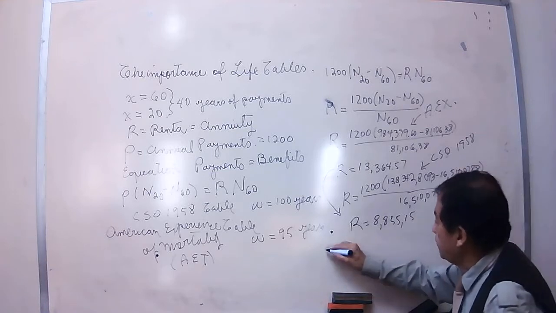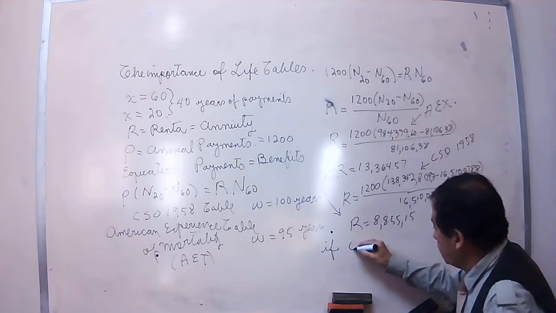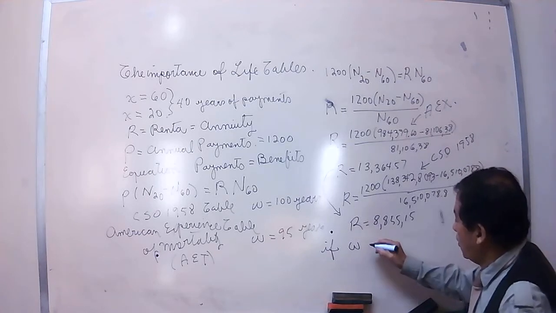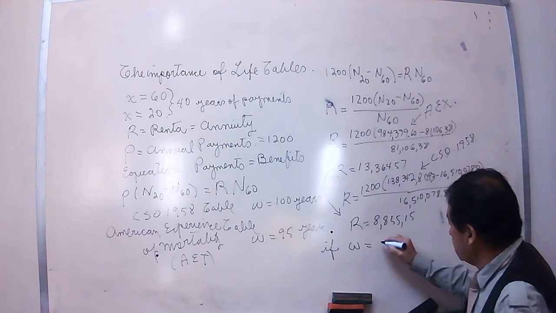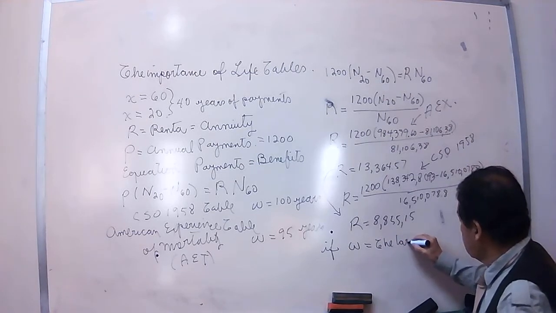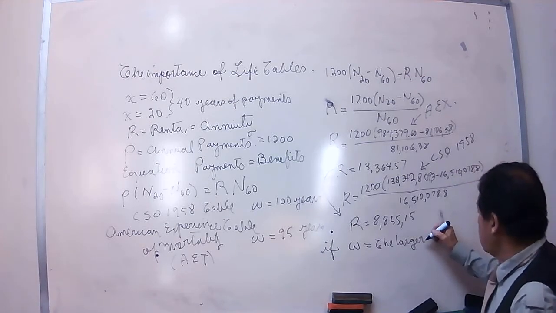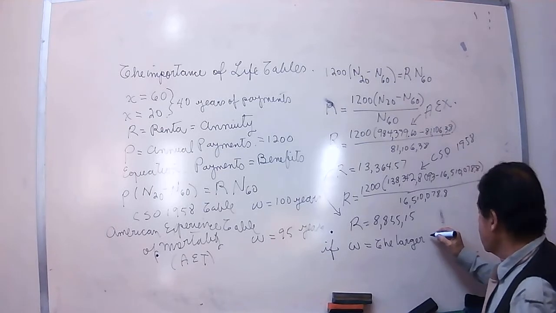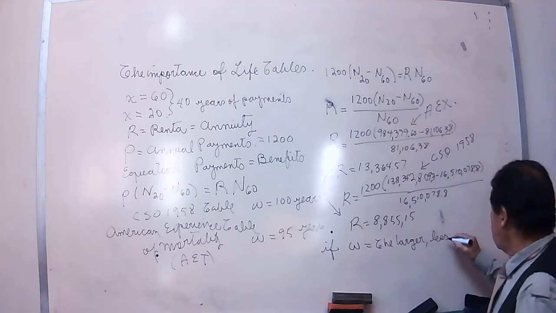In other words, we have a conclusion here: if the last age in the table, the omega age, is larger, the annuitant is going to receive a smaller amount of annuity.